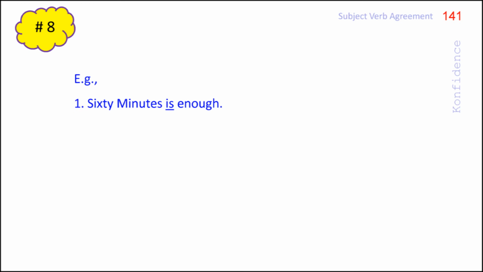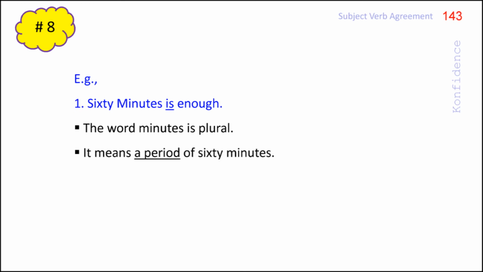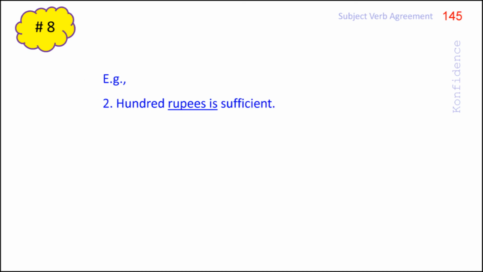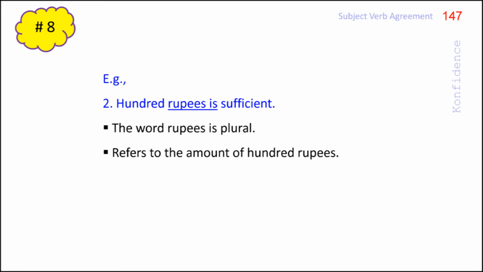In the first example, the word minutes is plural, but we really mean a period of 60 minutes. That period has a singularity. Therefore, a singular verb is used. Like that, in the second example, although we are using a plural word rupees, we are referring to the amount of 100 rupees.